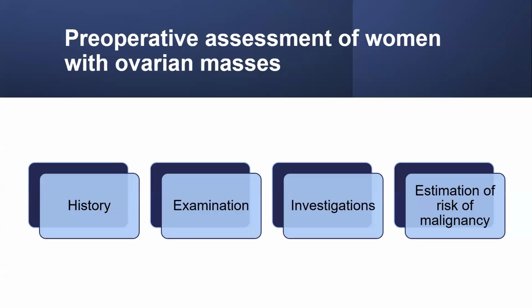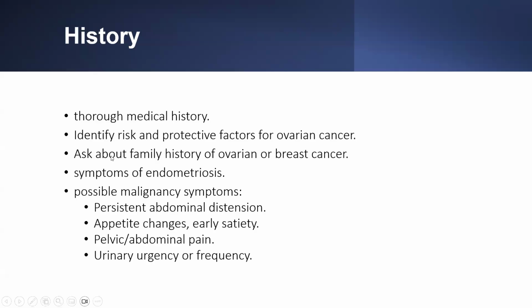So how is the assessment done? We'll do history, examination, investigations, and then we'll estimate the risk of malignancy. Then we will offer the treatment to the patient. In history, a thorough medical history is taken and risk factors and protective factors for ovarian cancer are identified.